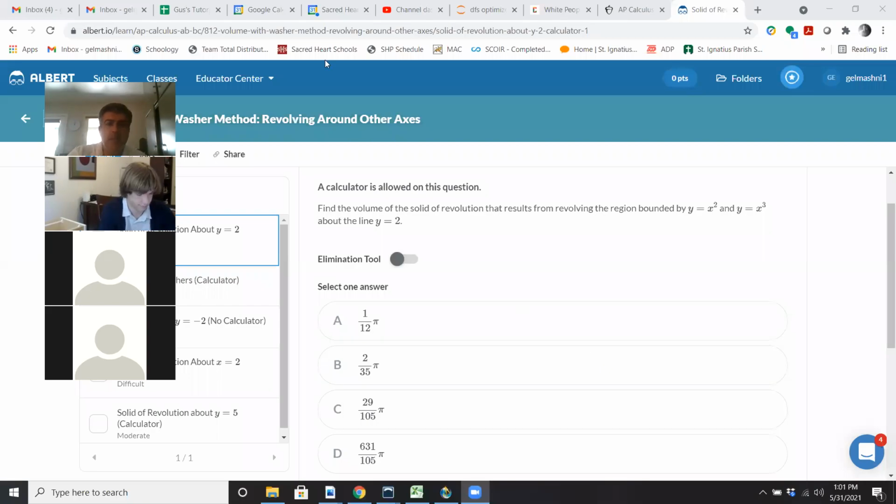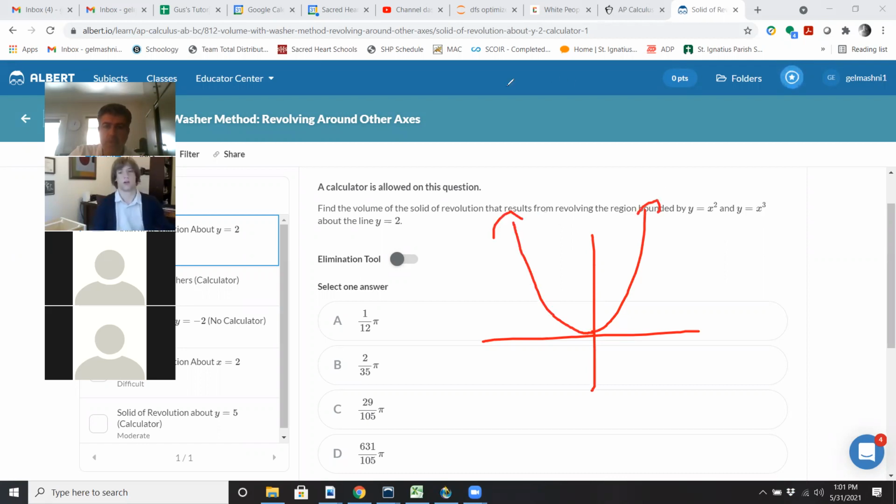Okay. So hopefully you see the graphic of what's happening. Y equals x squared looks like this. Y equals x cubed looks like this.